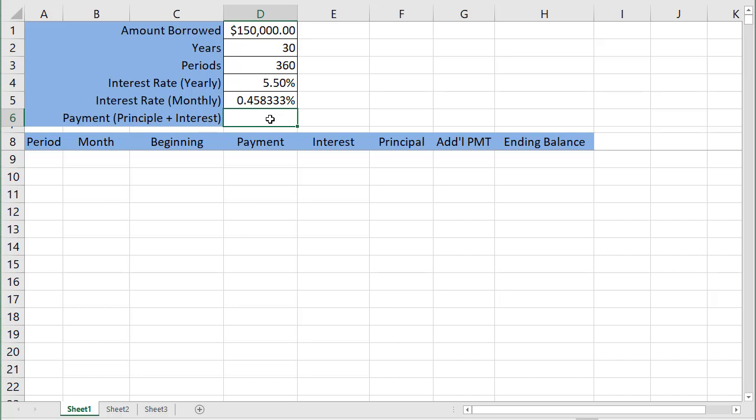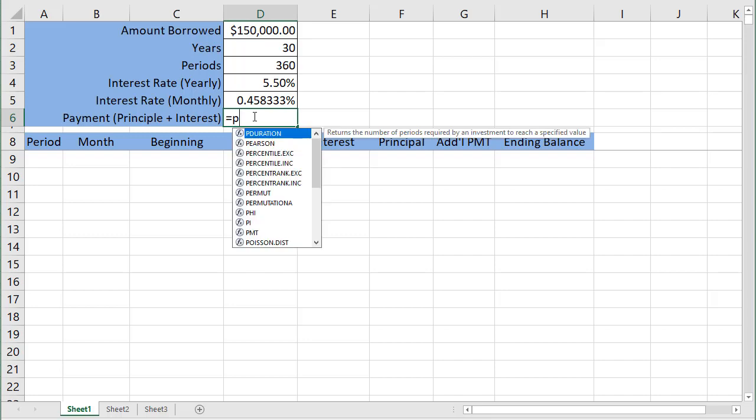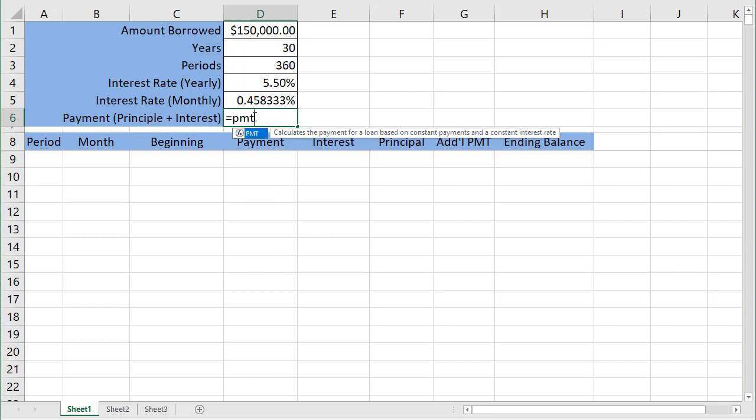The next step is I'm going to use a handy formula within Excel to calculate what my monthly payment is going to be in order to pay this $150,000 down to zero. The name of the formula is payments, but I just put in PMT, equals PMT, and then open up a parentheses, and then it gives me some help as to how I fill this out.